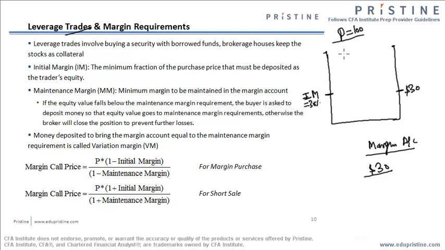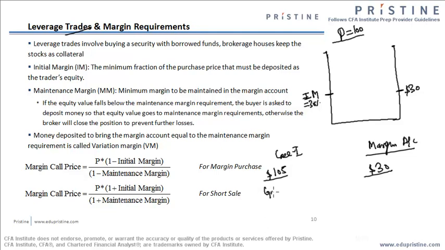Now the following day, the price can increase or decrease. Suppose the price increases by $5. So the price next day becomes $105. So if there is a gain of $5 in your transaction, your margin account will increase by that amount.